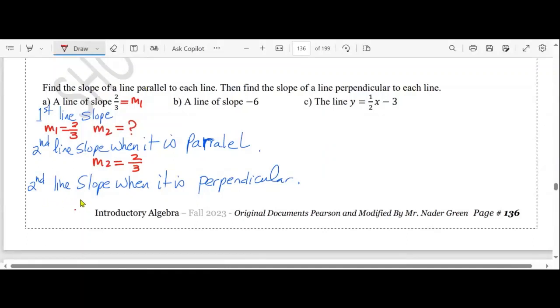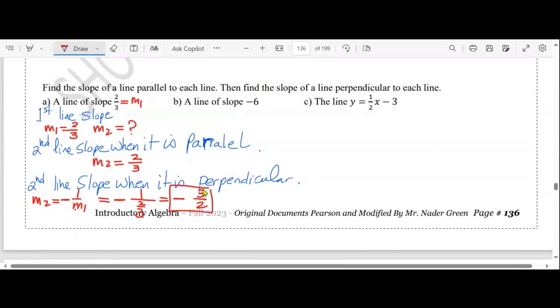Now, if it's perpendicular, -3 over 2. Yes. So to get M2, you're going to make -1 over M1. So in this case, we're going to say -1 over 2 over 3. You need to flip it, right? It becomes 3 over 2.